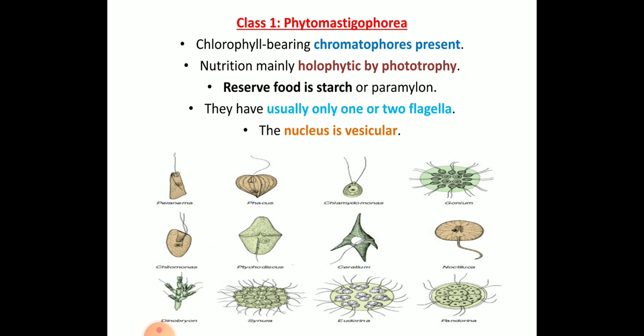So holophytic means it is mainly depending on the light. So usually you can tell it as phototrophy also. And reserve food material is starch, because as they are related to plants, the starch will be the reserve food material. And they have usually 1 or 2 flagella for their locomotion, and nucleus will be vesicular in nature. So this is about the Phytomastigophora.